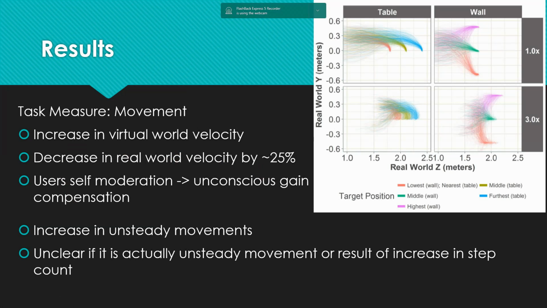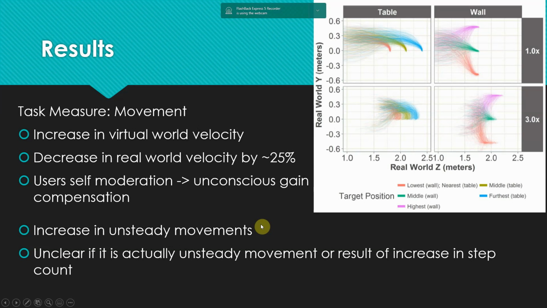This is because of unconscious gain compensation. The person is used to some set speed that they walk with, using some set amount of energy or some set amount of muscles, right? That was completely changed because of the gain. So they unconsciously slow themselves down.